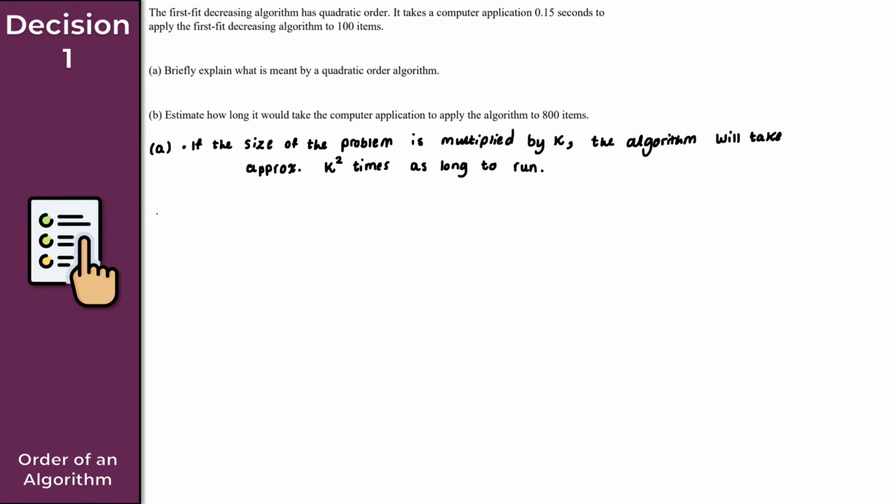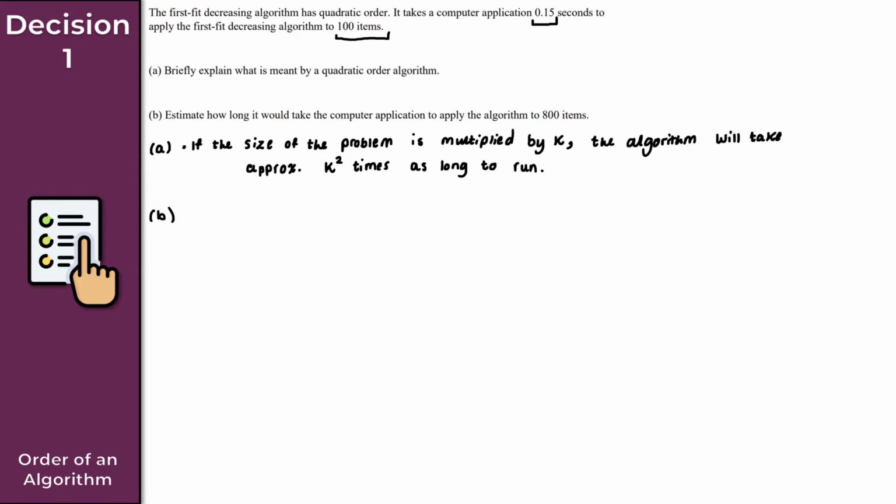And then finally, for the very last part of this question, part B, it just says estimate how long it would take the computer application to apply the algorithm to 800 items. So 0.15 seconds is for 100 items. So in this case, we've now increased the algorithm to 800 items, right? So what is the factor here?